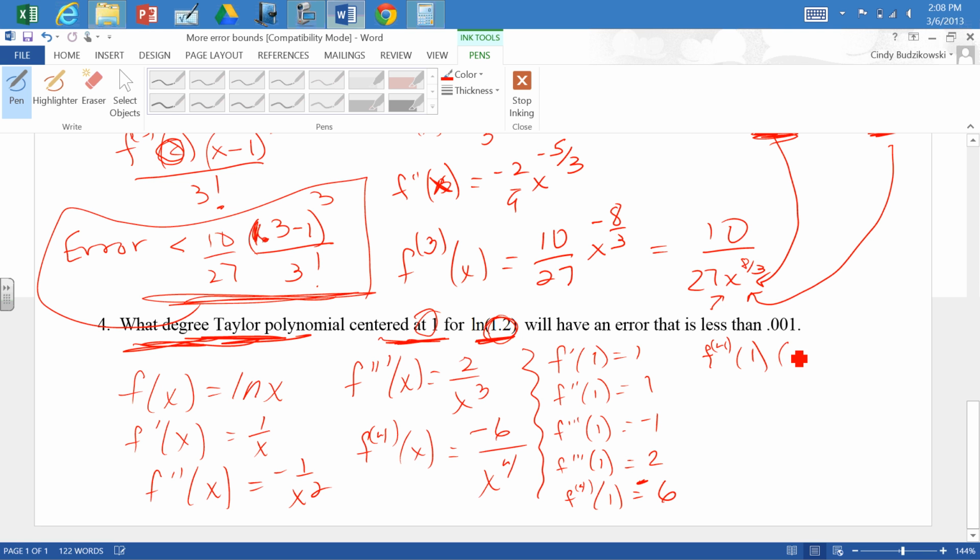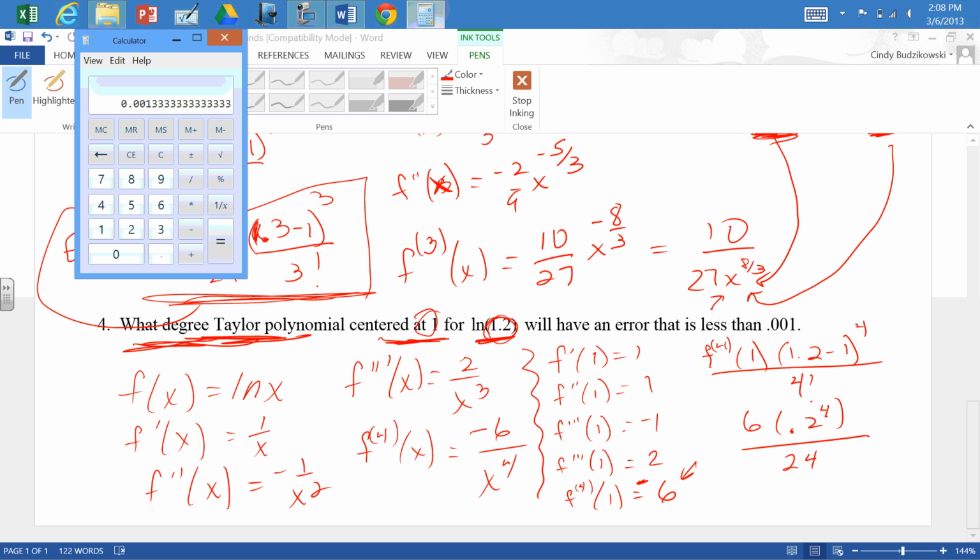And then I'm going to have 1.2 minus 1 to the fourth over 4 factorial. I'm pretty certain this is going to work. So we've got 6, that's my fourth derivative here, times 0.2 to the fourth, all over 24.